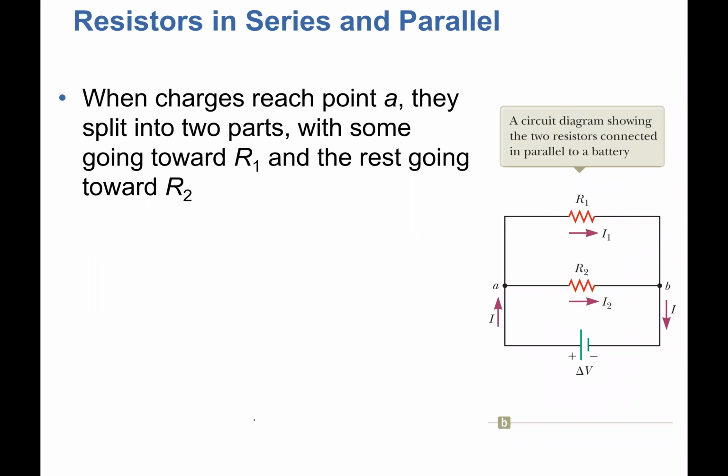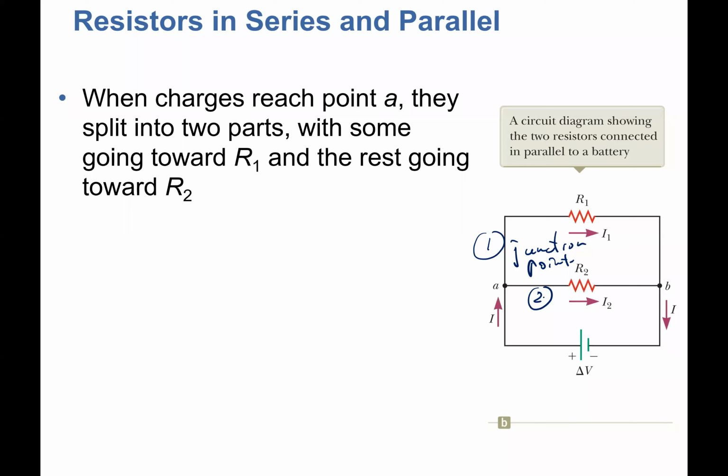But one thing we have here is this. Here's another way of representing that circuit. This point A and this point B now represent what we call junction points, remember? When the current gets to point A, it now has two paths, path 1 and path 2.